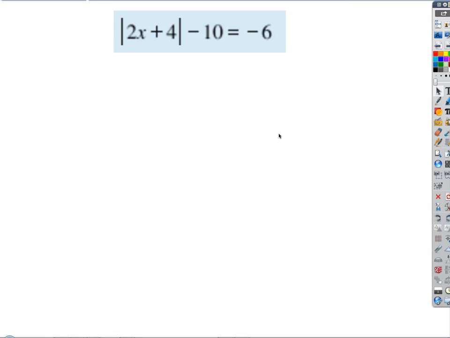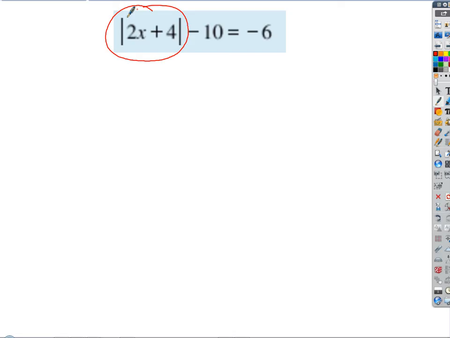So, Caitlin, what do I have to do to get the absolute value by itself? Ariel, what do you think? I want to get that absolute value by itself. Add 10. Good. Now, don't be wigged out by the fact that we're trying to isolate something big.